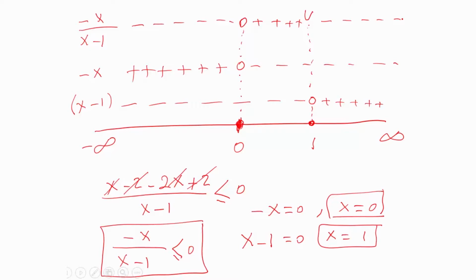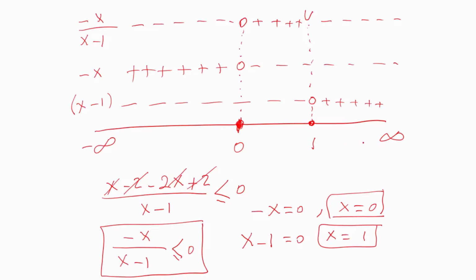Okay? Now, we wanted this rational expression, -x/(x - 1), to be negative. Where would it be negative? Well, here would be negative. That means when x is less than 0, it would be negative. And also, here it would be negative.